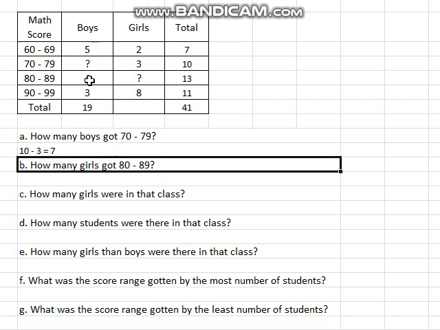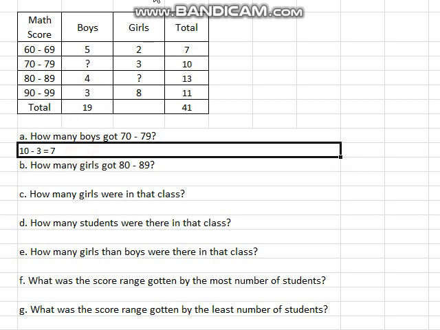Or if you want to do it vertically, you will take more steps to solve this. Let's do this to confirm whether the answer is correct. So 19 minus 5 minus 4 minus 3. 19 minus 9 is 10, then minus the 3 is 7.